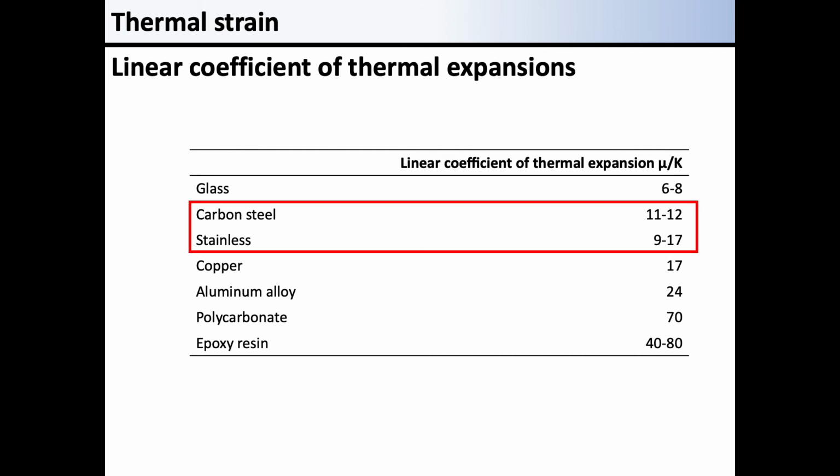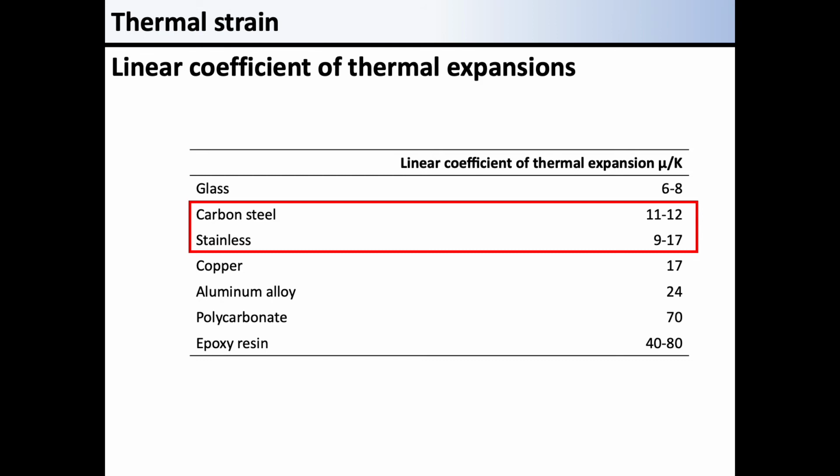Micro means minus 6 power of 10, 1 over 1 million, with 6 zeros. A material deforms this much at every 1 Kelvin. To be more specific, we may assume a bar of 1 meter long and the temperature rises by 1 degree Celsius. Then the bar becomes longer by 11 micrometers.